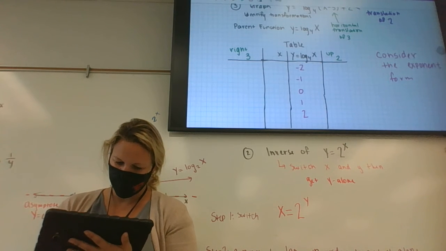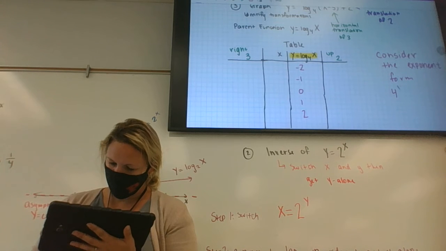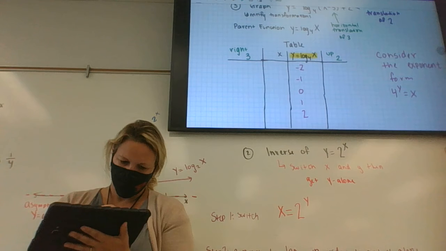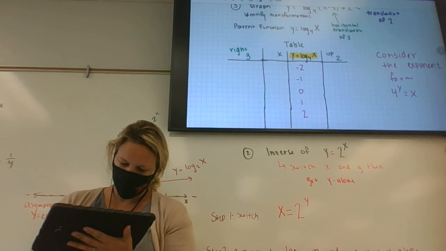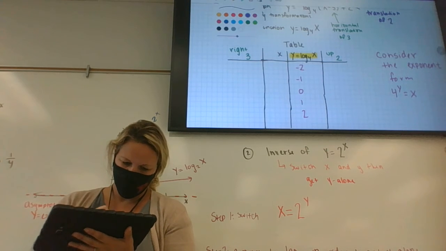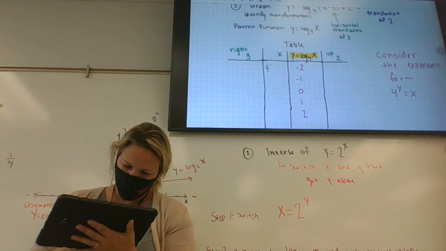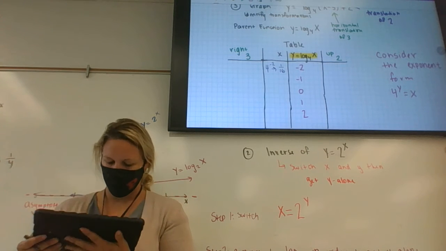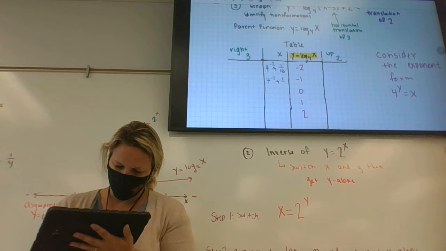So if I consider the exponential form of this, it's 4 to the y equals x. 4 to the negative 2 is 1/16. 4 to the negative 1 is 1/4.